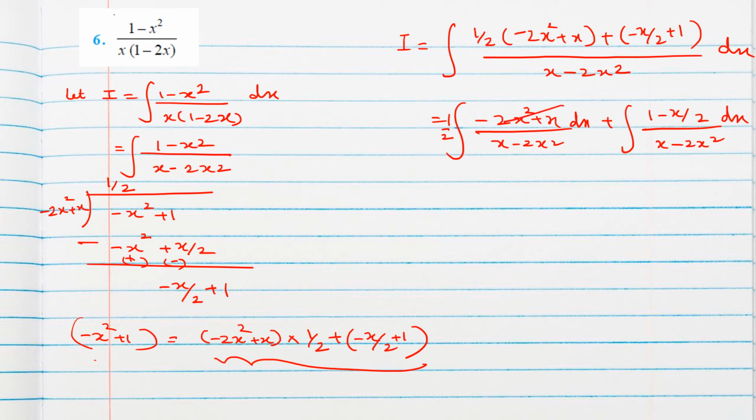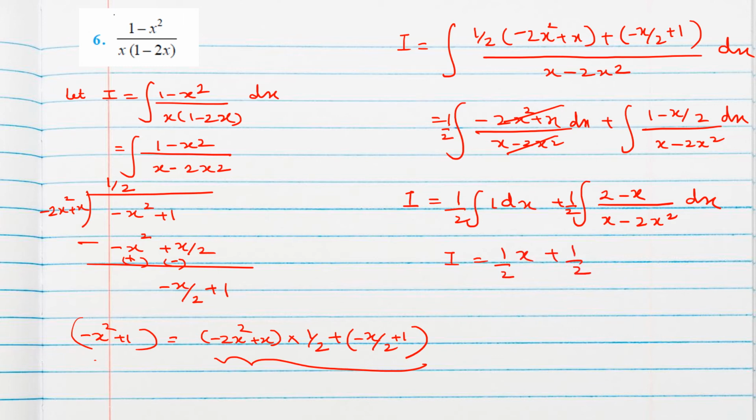Now here both are the same, so it will go, giving 1 by 2 integral 1 dx. Plus here we can cross multiply, so 2 minus x by 2. That 2 we can take outside, divided by x minus 2x square. So half integral 1 is x by 2, plus half, and this integral I considered as I1.